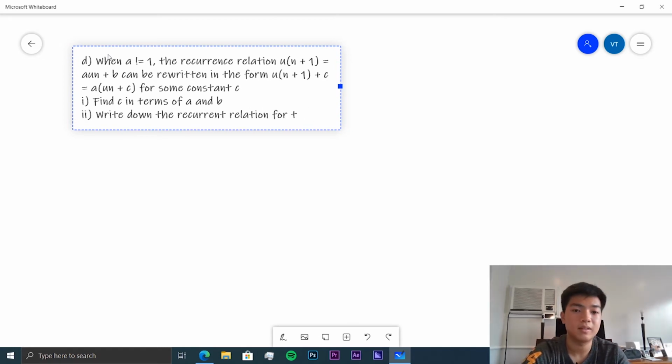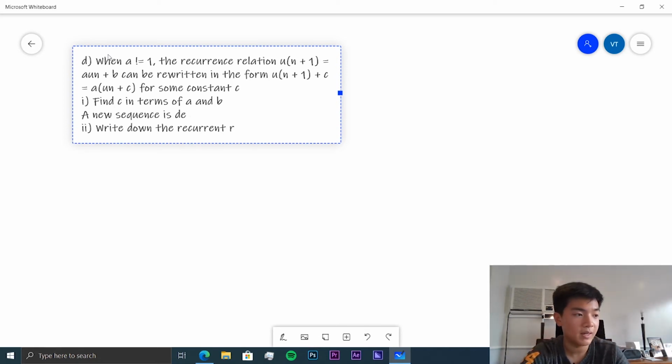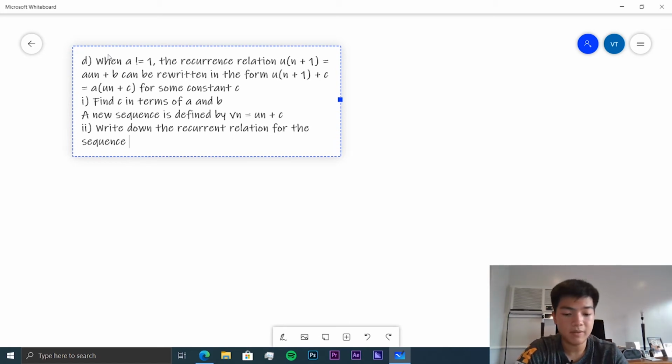Oh, wait. No, so there is another one. A new sequence is defined by v of n is equal to u of n plus c. So write down the recurrence relation for the sequence v of n and state what type of sequence v of n is.